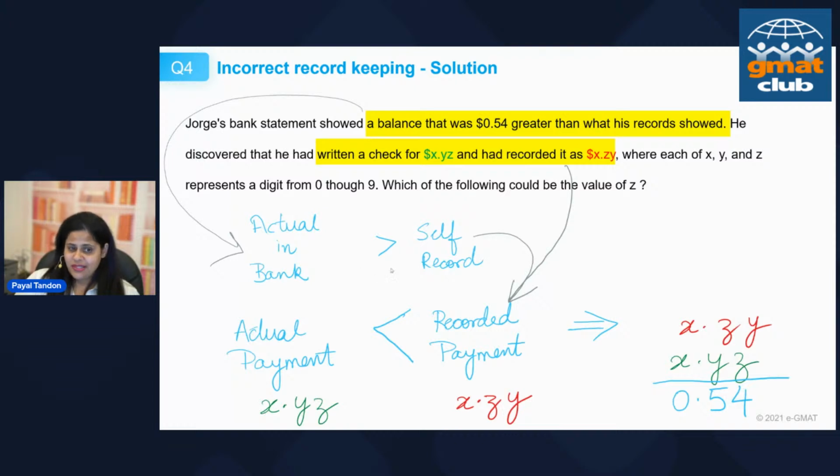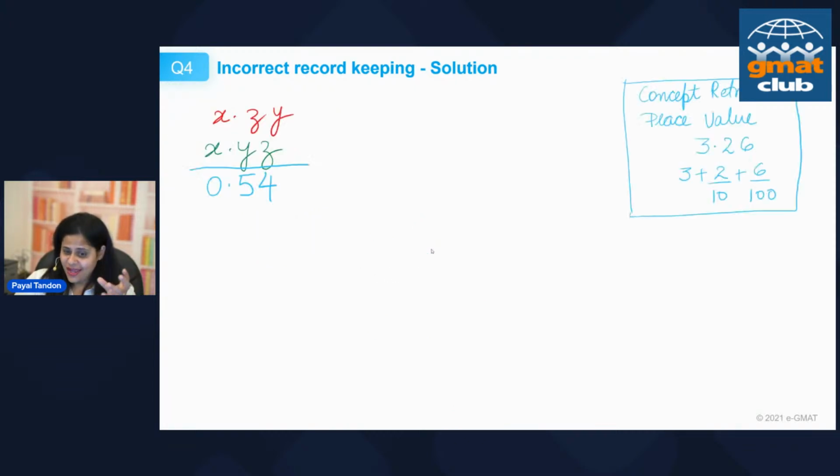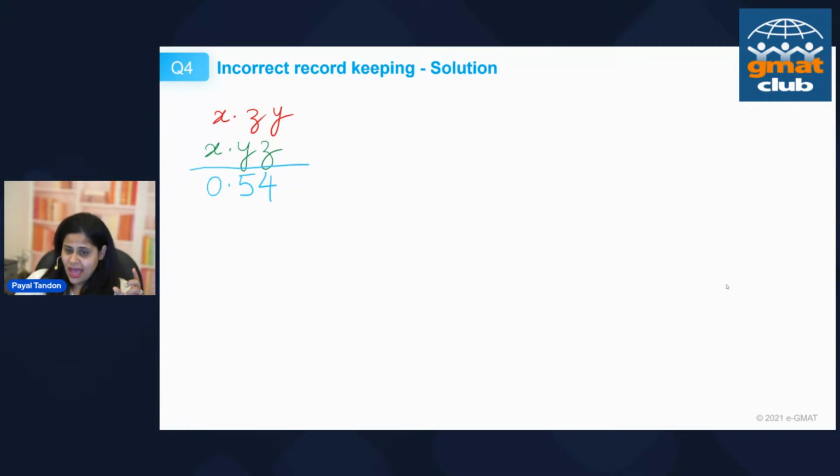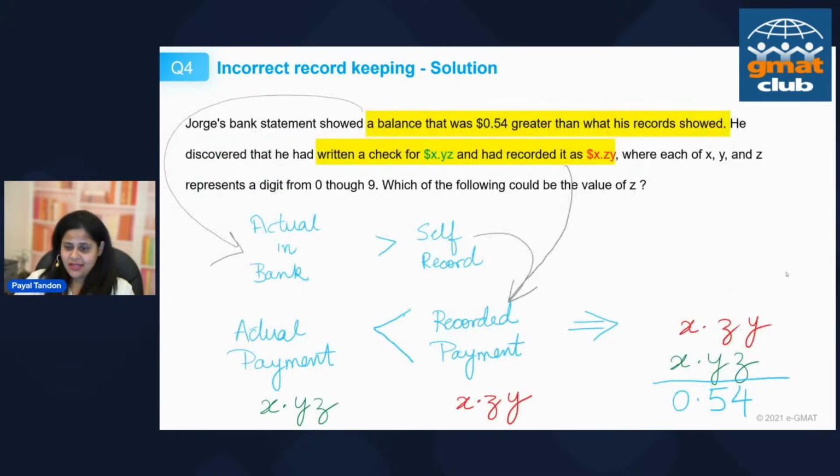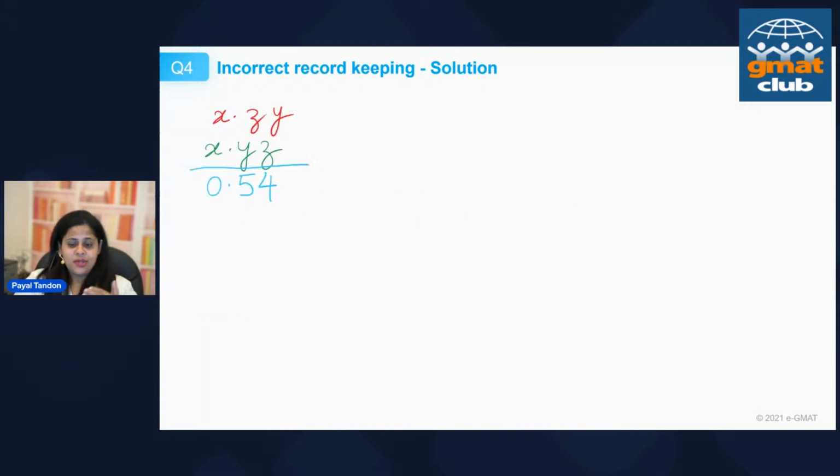So we'll have to figure out the constraints around the value of z given this. This is where you have to retrieve the appropriate concepts. Your job of translation and visualization ends with you getting this equation. After this, you have to retrieve the appropriate concepts to see how you can solve this.